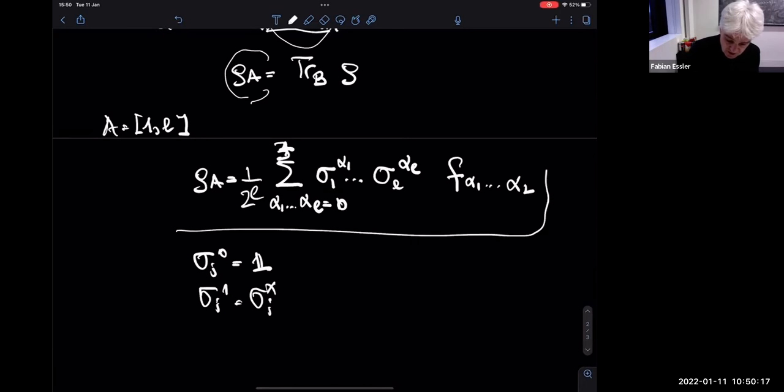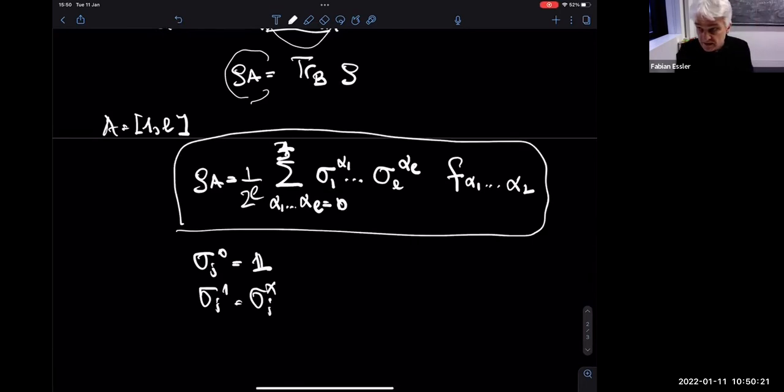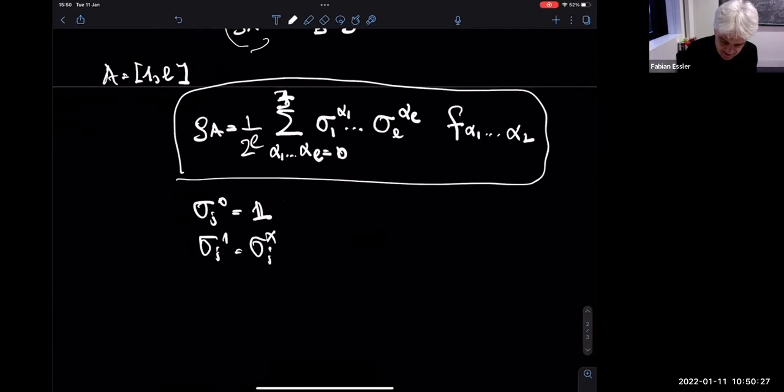So this is what the reduced density matrix looks like for a lattice spin model. And what I'm saying is these coefficients are precisely the objects that I'm defining.